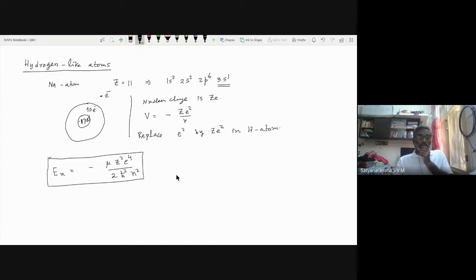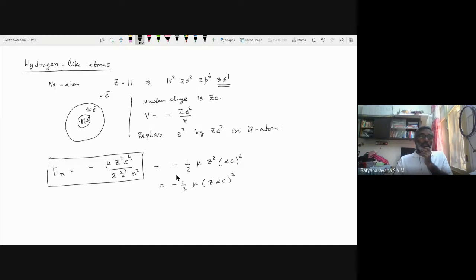Now this is equal to minus half μ Z² α²c². So we can write it like this. Or this can be written as minus half μ (Zαc)².